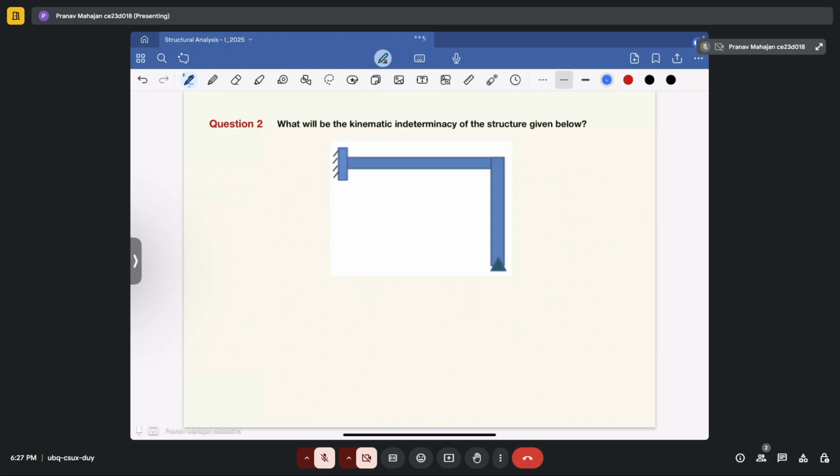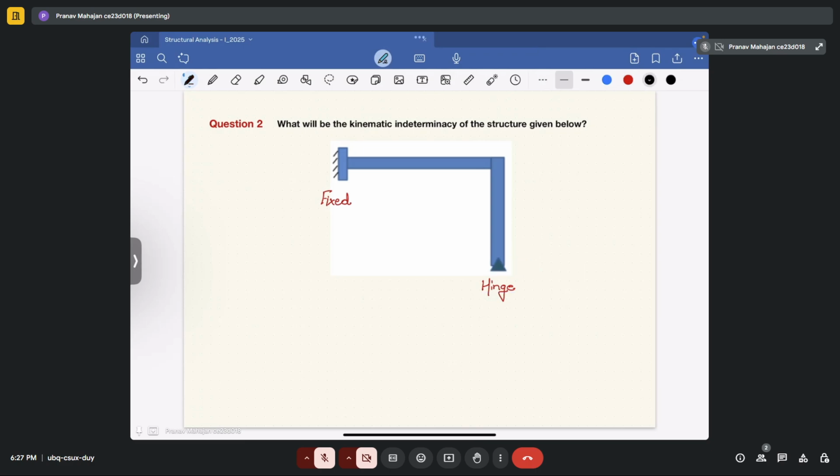Okay. So if I talk about the kinematic indeterminacy of this frame, you can see you will have one fixed support, one hinge support, and one joint member inside the structure.